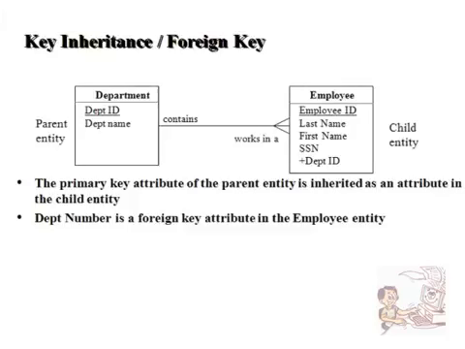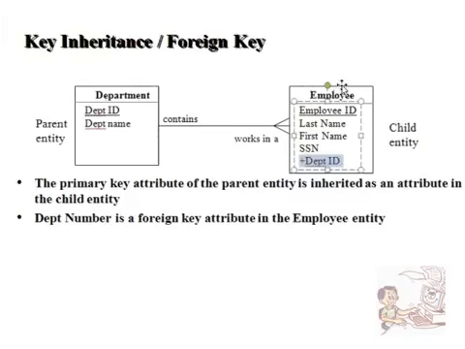In this example, your department entity is your parent entity and your employee is your child entity. This department ID, which you have in your parent entity, has a plus sign in your employee entity, right? So that becomes your child entity here. That means there is a parent-child relationship, which you can even call a foreign key.